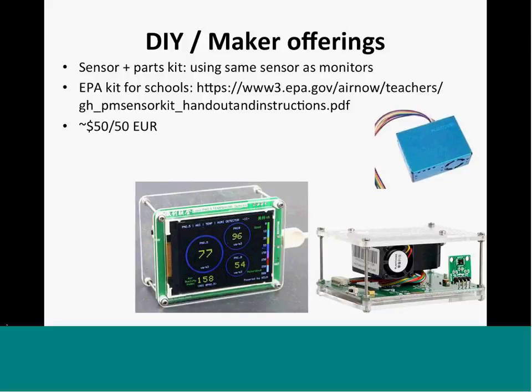The Environmental Protection Agency here in the US actually has a kit for schools, which is used for educational purposes, and these kits are not a lot more than the sensors. They're in the range of $50 to €50, some a little more, some a little less, depending on the complexity of the box they're in and the display that you get. But clearly there's a strong possibility here of having even lower cost things if we're just going to focus on the control.